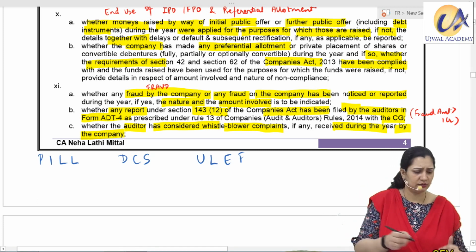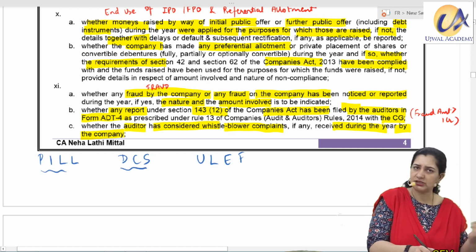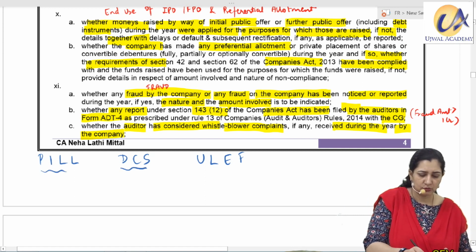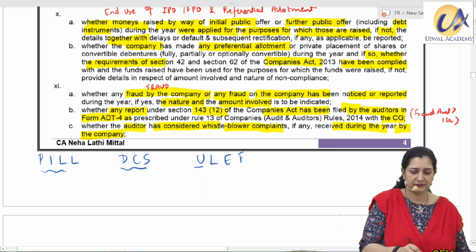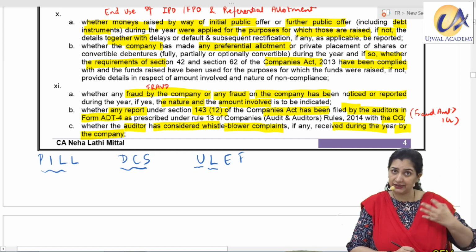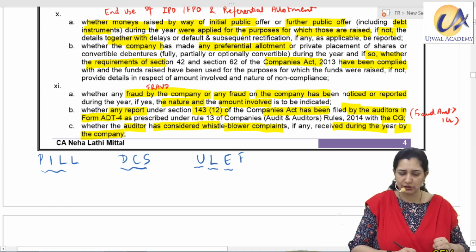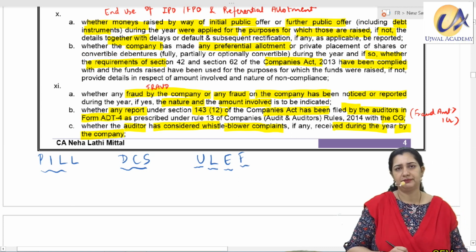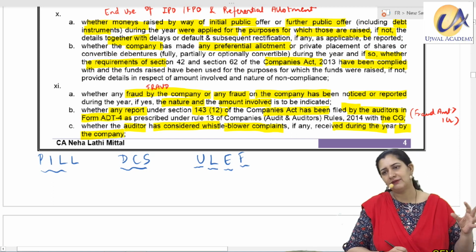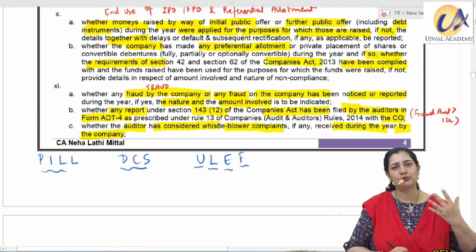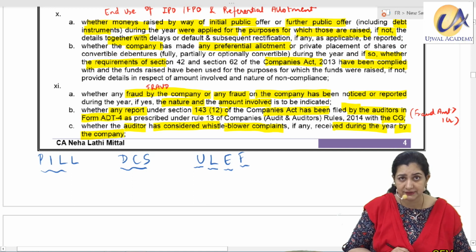Just keep remembering it. So PIL, DCS, 7 points we already saw. What is U? Undisclosed income, loans taken, end use of IPO, FPO, preferential allotment, and F, fraud. So 11 points, that means almost half CARO over.